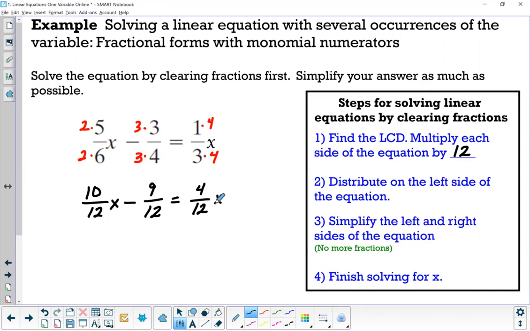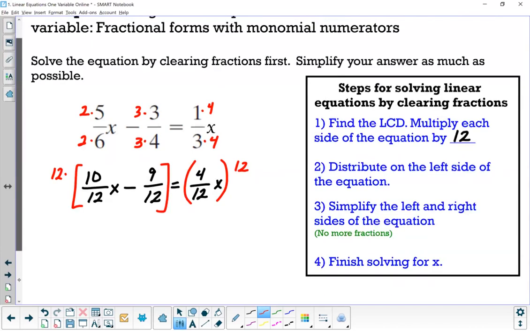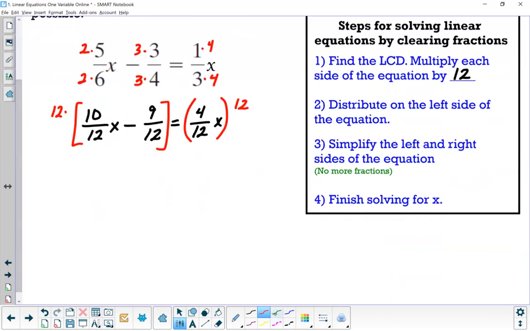Now, here comes the clearing fraction portion. I'm now going to multiply the left side of the equation by 12. And I'm going to multiply the right side of the equation by 12. Now on the left side of the equation, I have two terms.